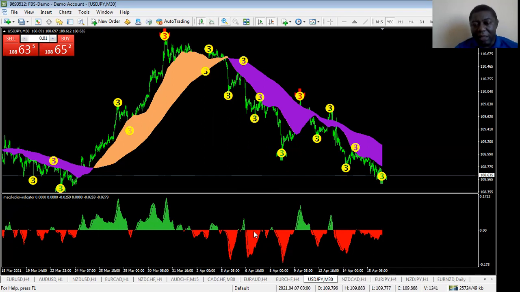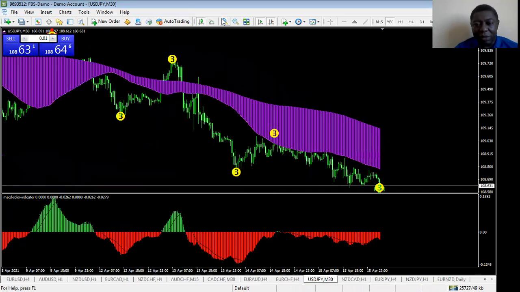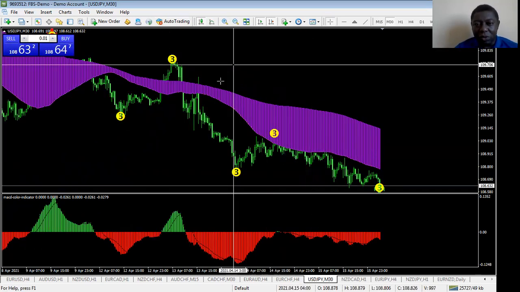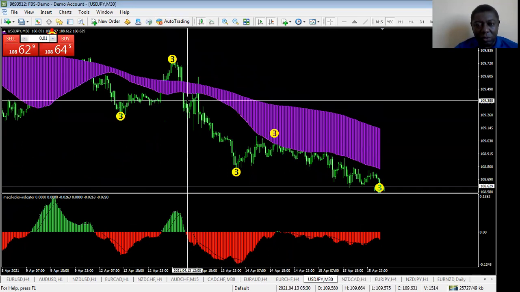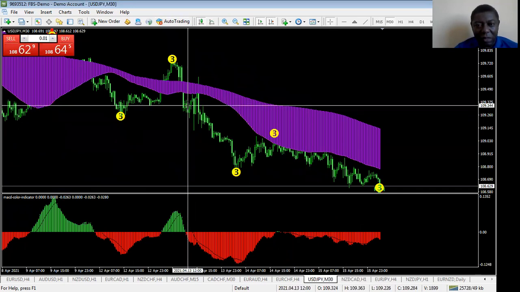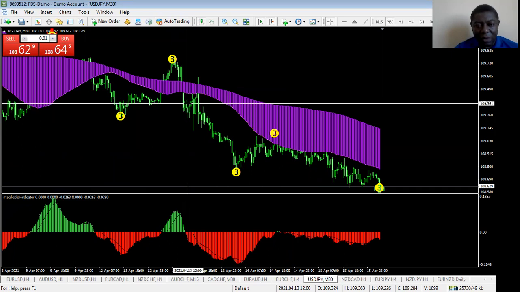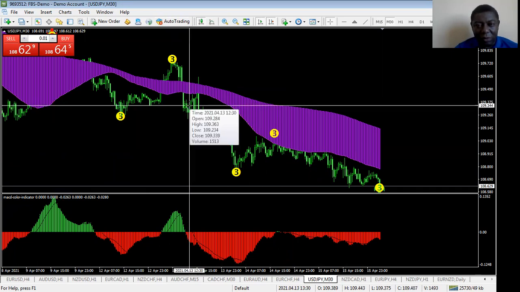This is the MACD. I just use the MACD for confirmation after the breakout, right? After the retracement and this one, we have that breakout. MACD is just there to confirm. I'll jump in here after the MACD has confirmed, and ride the market down.